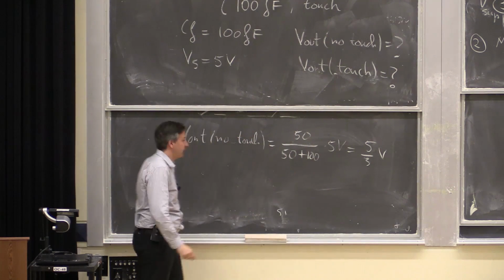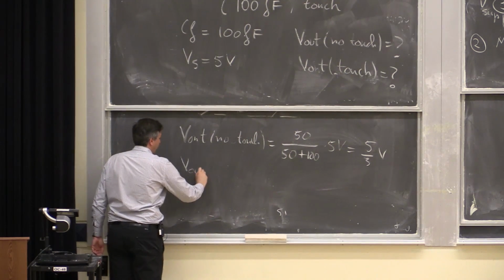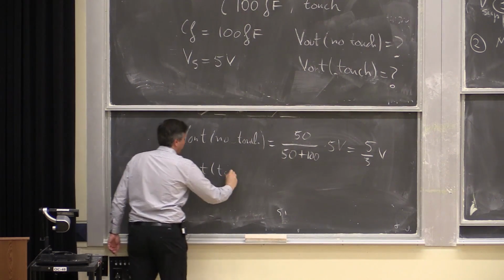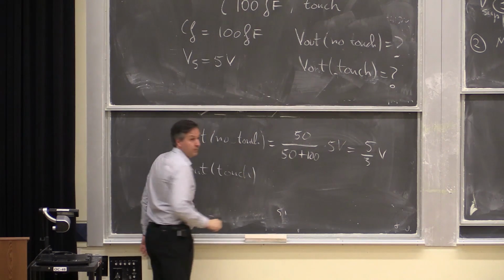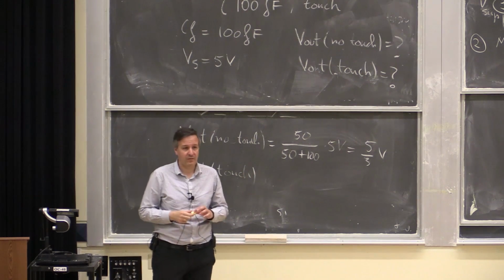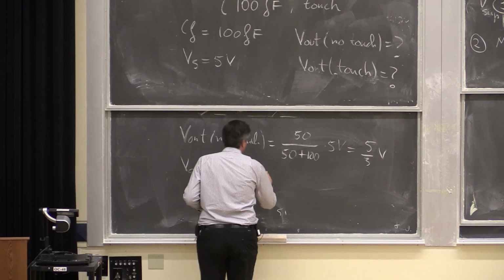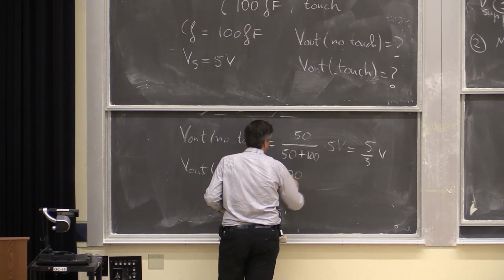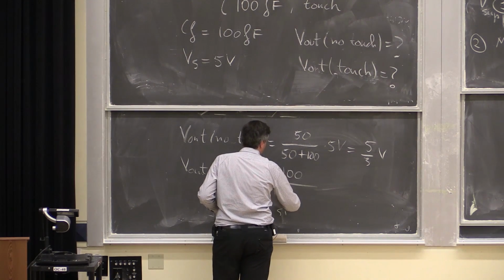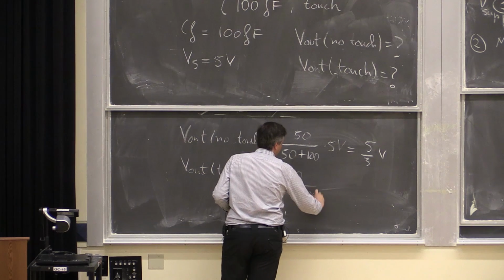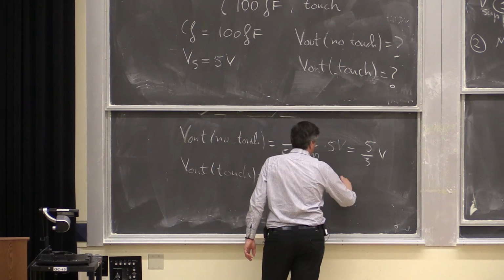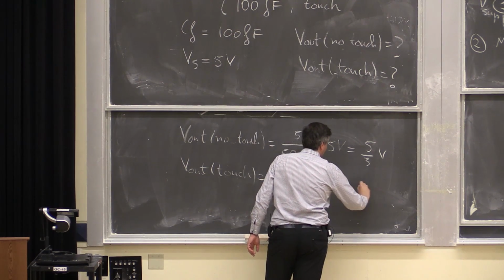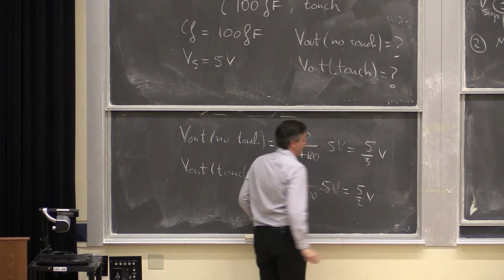Okay, so what is with touch? Five halves, right? So it will be 100 over 100 plus 100 times 5. So it will be 5/2 volts.